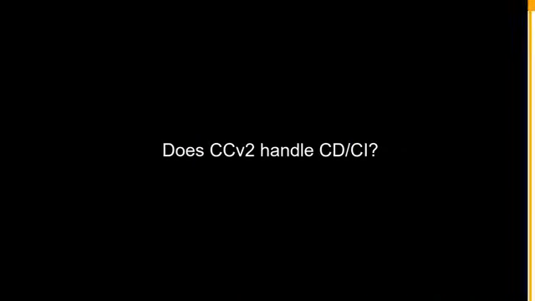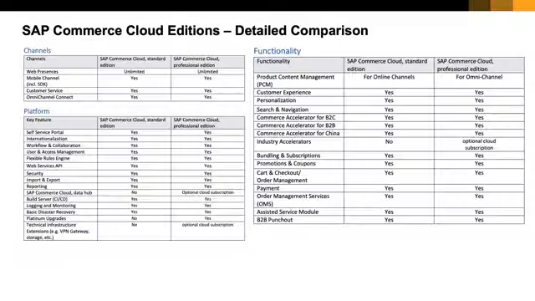Does CCV2 handle CI/CD? Okay, so CCV2 is not a CI/CD server, and it's not trying to replace your CI/CD server, right? So what you can do, you can integrate your own CI/CD server with CCV2, but it is not a replacement. What it does is, it builds and it deploys, but it is not really a replacement for the CI/CD.